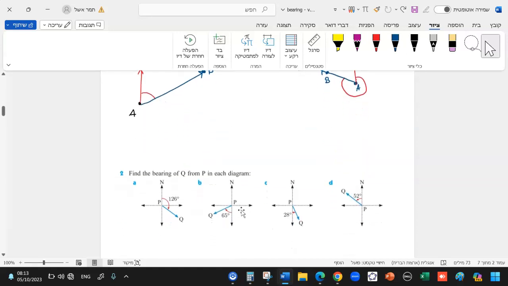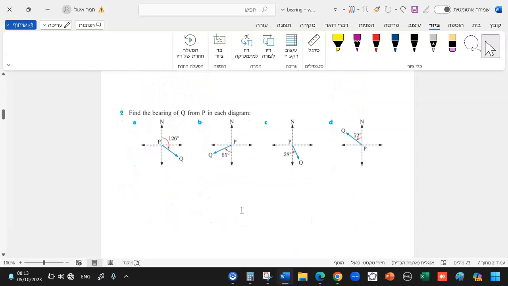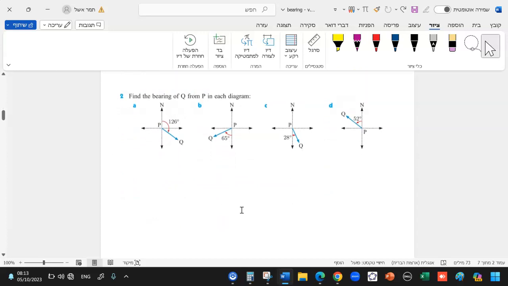Question number 2 goes opposite. Now we have a diagram and we have to find the bearing. Notice that we have to find the bearing of Q from P. It means that we are going from P to Q. So here we have from P to Q, this is just 126.